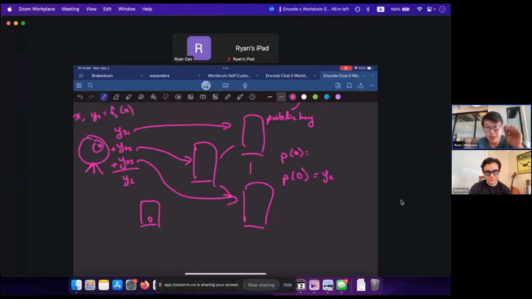So the secret is hidden in its valuation at 0, the constant term of the polynomial. Then P at 1 equals, for example, Y21, the first share. P at 2 equals Y22, and P at 3 equals Y23.